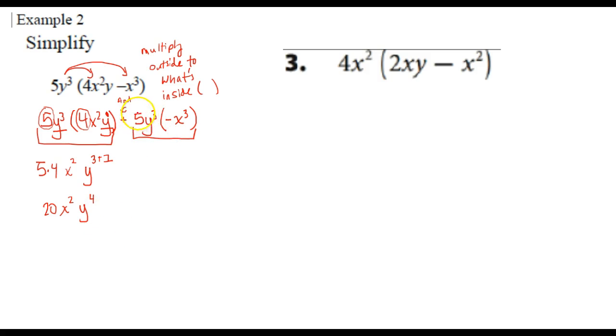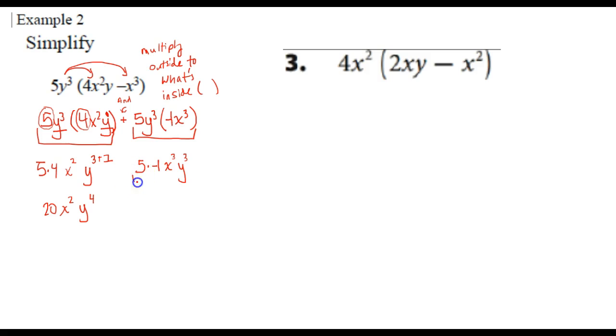Moving on, I have 5y to the third power times negative x to the third power. Now, how many negatives are right here? 1, right? So I'm going to multiply 5 times negative 1. I don't see any like variables at all, so I'll write my x term first, my y term second, again keeping in alphabetical order, x and then y.